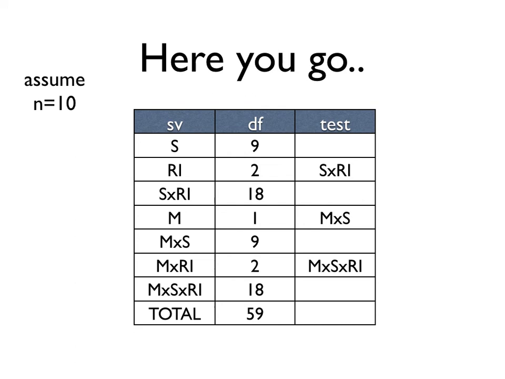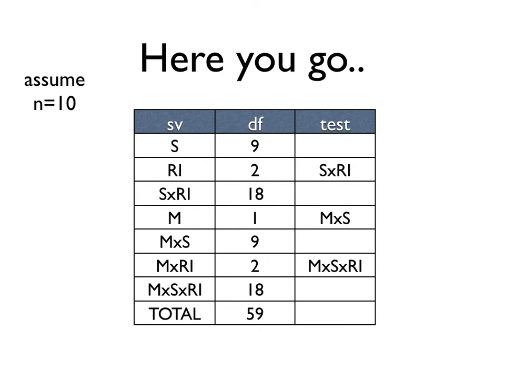If you actually list out the terms in that order, the way I just did this, so list your subjects, then list your variable, then list the interactions of it with everything above it, and just keep doing that and adding in new ones, you will be able to find out what the error terms are. You're going to test retention interval with retention interval by subjects.